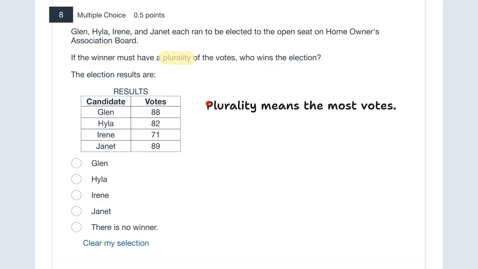But they're not ranked, so these are all first place votes. In this case here, the plurality belongs to Janet. We don't need to find a majority in this case, it's just a plurality.